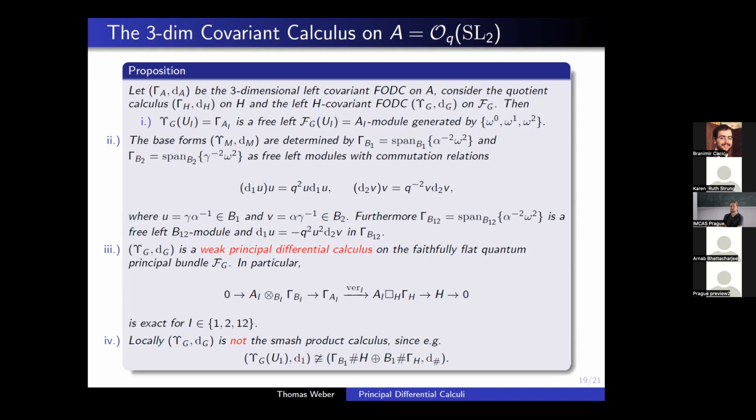Now you can ask whether one can do the differential calculus there and the deconstruction like Thomas has been showing.